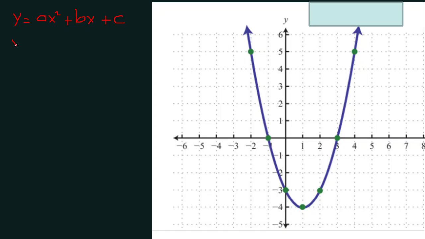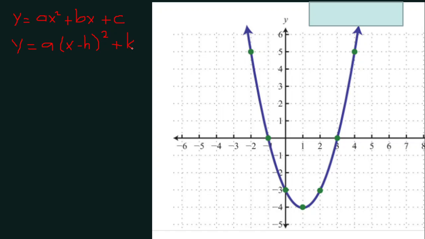We also have y is equal to a times the quantity x minus h squared plus k. This one is the vertex form of a quadratic function.